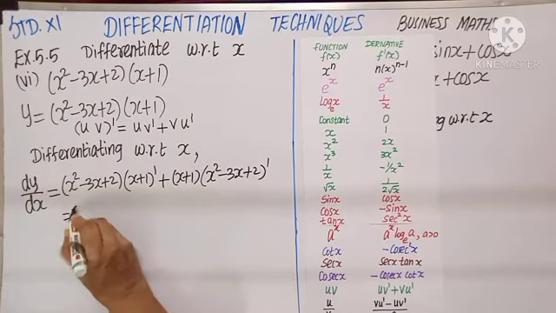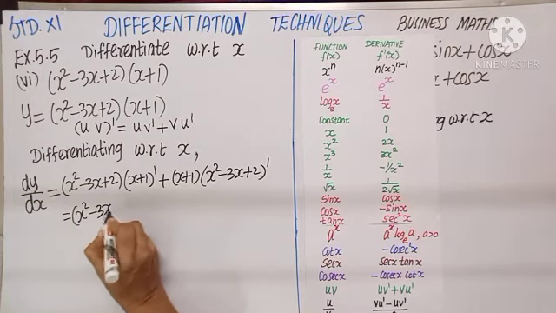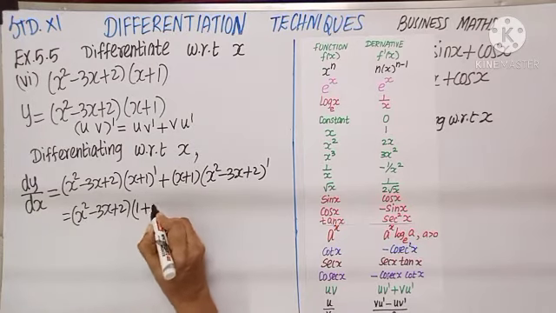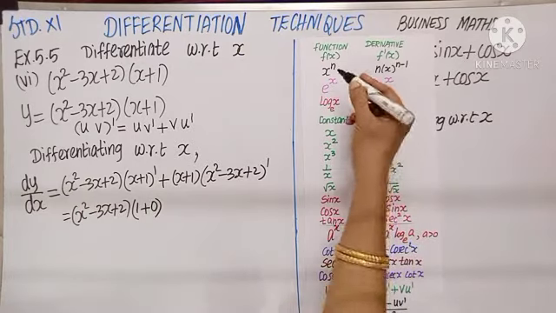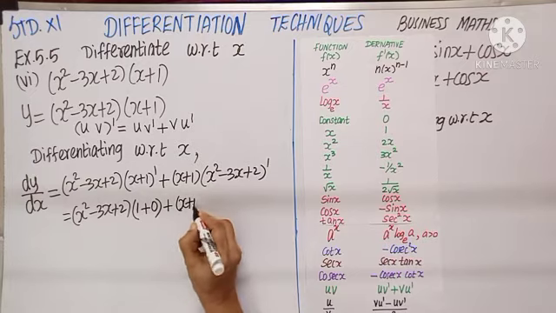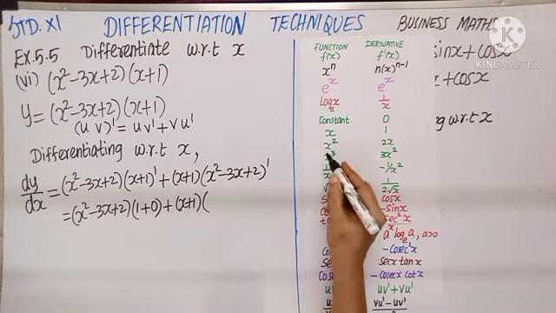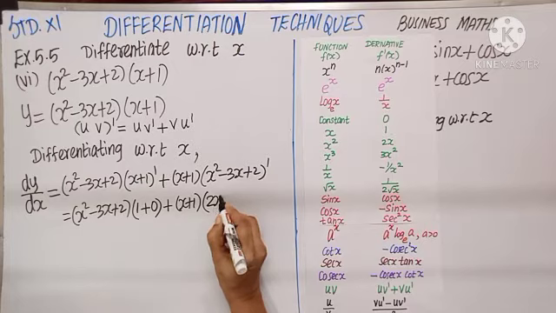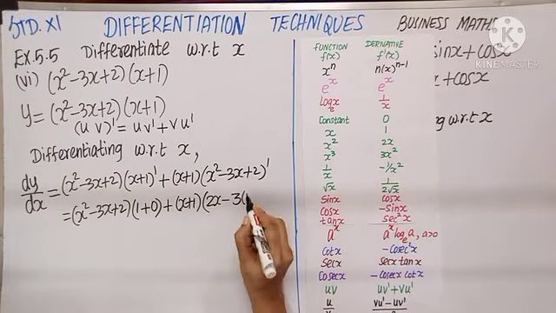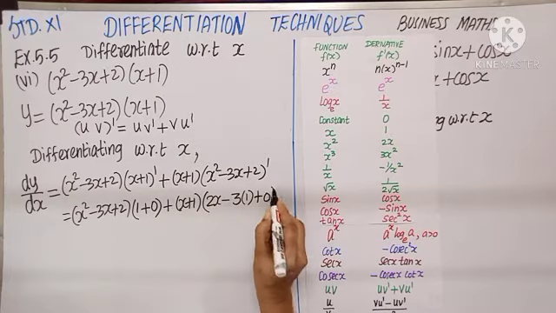It becomes x square minus 3x plus 2 into, x becomes 1, constant becomes 0. Let us remember the formula list. x plus 1 into, x square becomes 2x minus 3, x becomes 1, constant becomes 0.